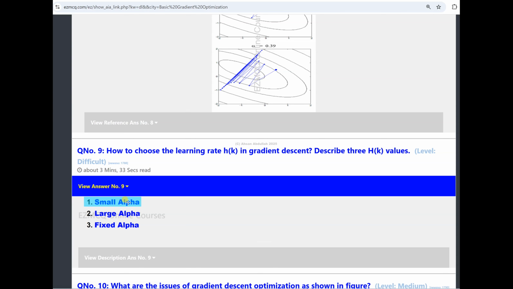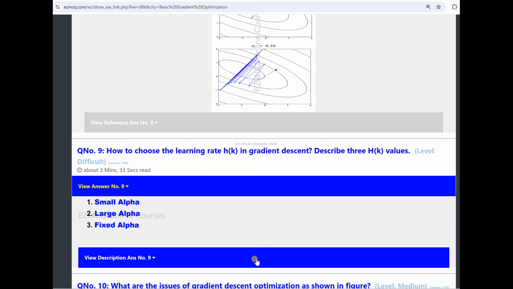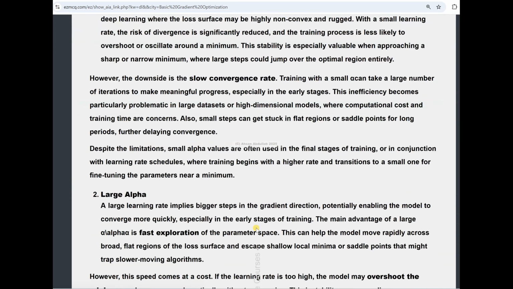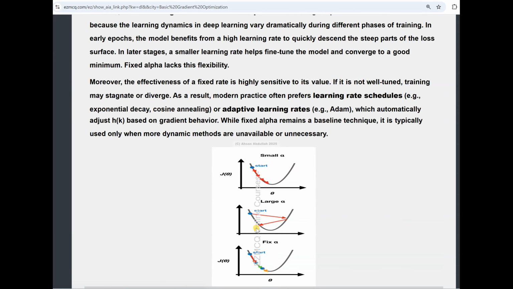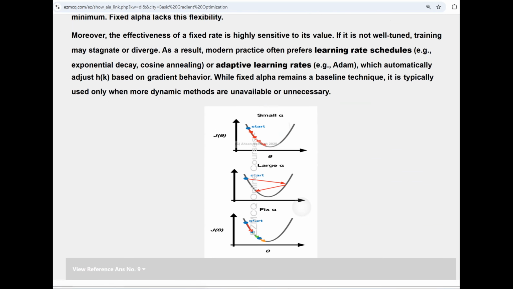But of course, it can get stuck at saddle points or at plateaus. This can be used later for fine tuning purposes also. So it has some issues also. Let me show you the diagram so that the linking could be better.